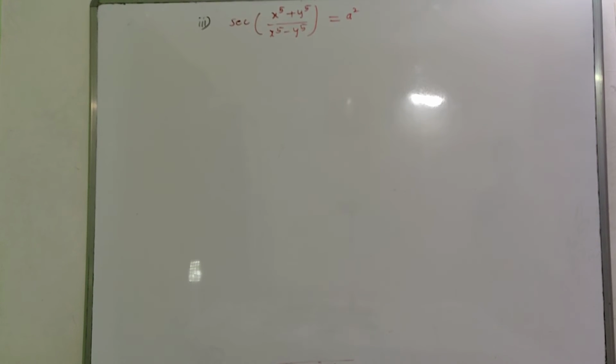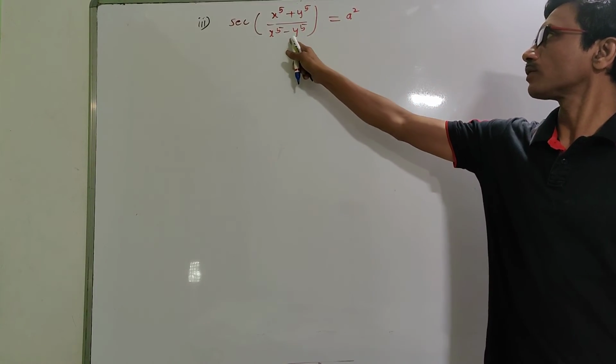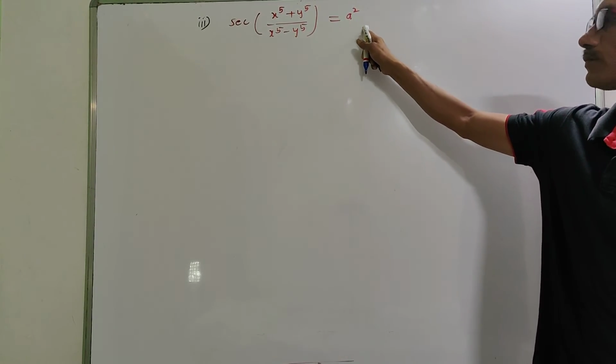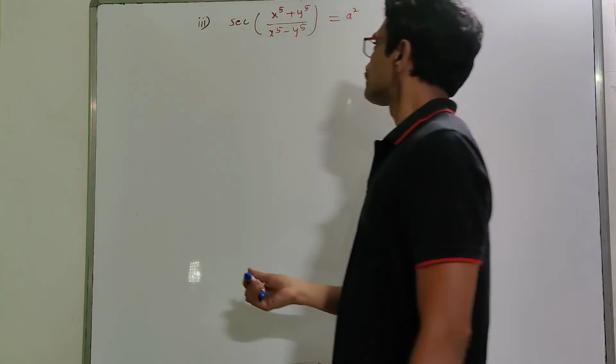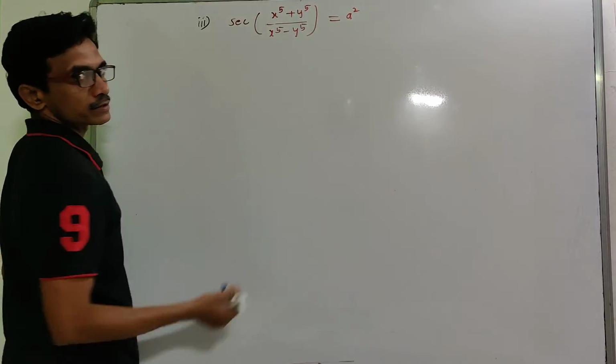Third sub question: sec of (x to the power 5 plus y to the power 5 upon x to the power 5 minus y to the power 5) is equal to a square. So first let us take the inverse function.